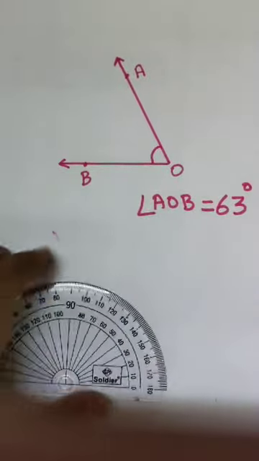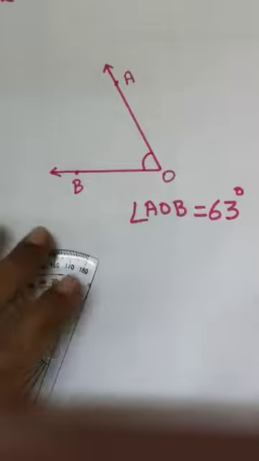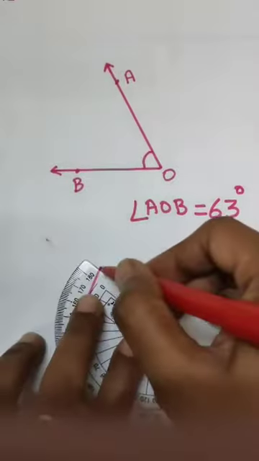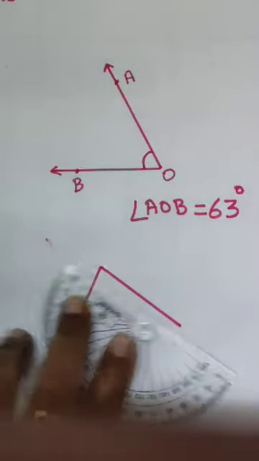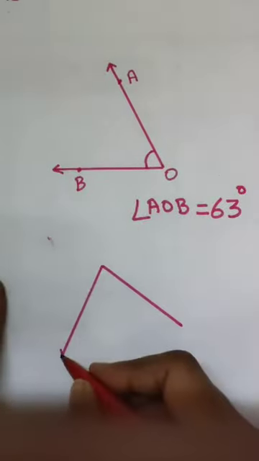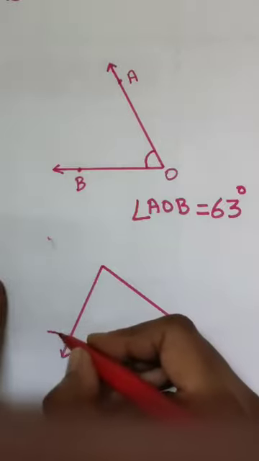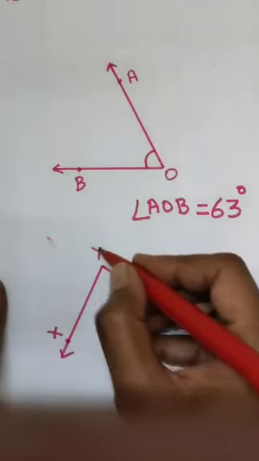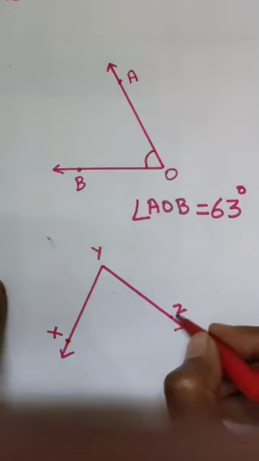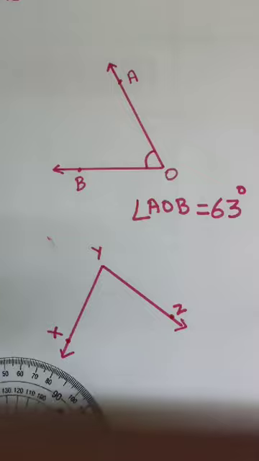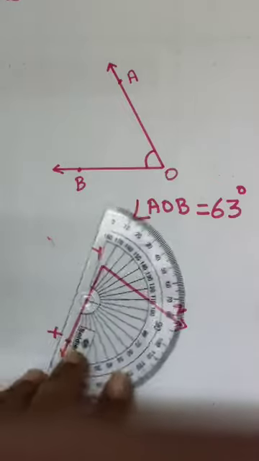Fine. An angle can be in any way. It can be like this also. Now suppose you have to measure this angle. Let us give it the names X, Y, Z. Now again place the protractor.